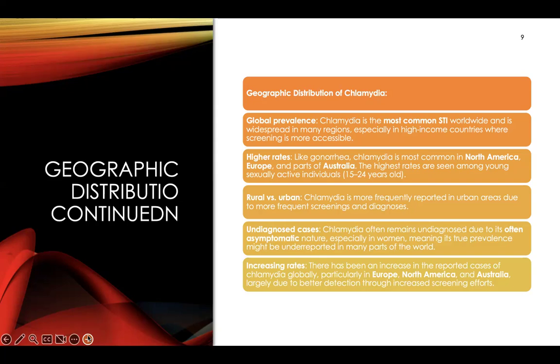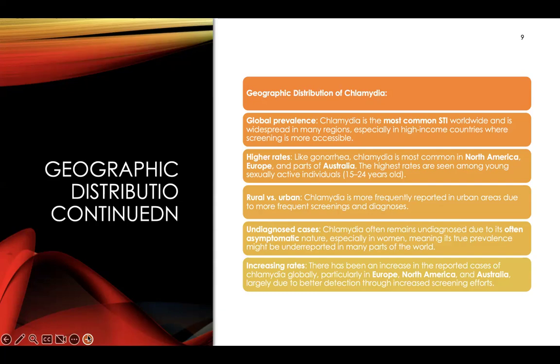Rural versus urban. So chlamydia is more frequently reported in urban areas due to more frequent screenings and diagnoses. There are undiagnosed cases. So there are cases that often remain undiagnosed due to its often asymptomatic nature, especially in women, meaning its true prevalence might be underreported in many parts of the world.